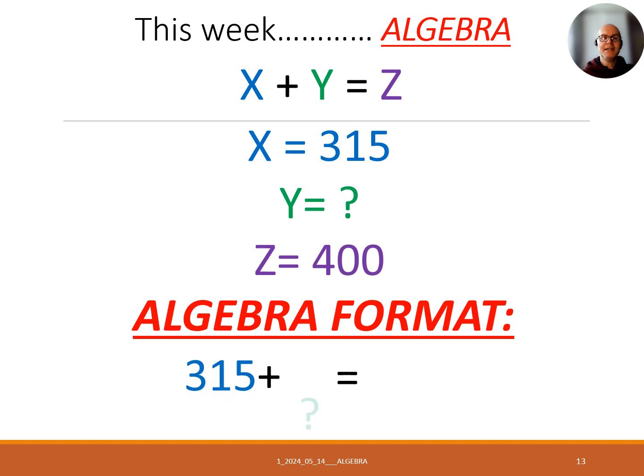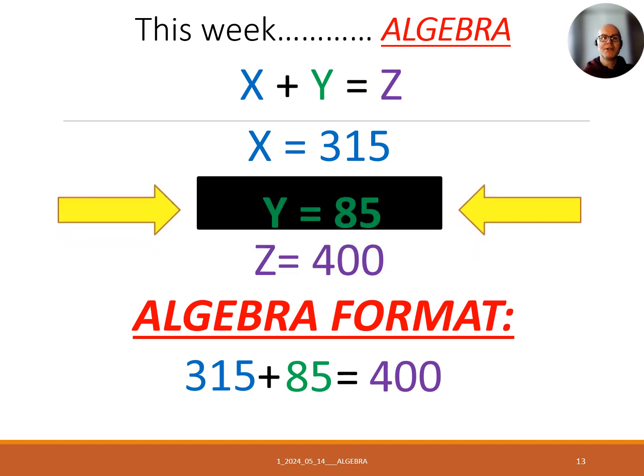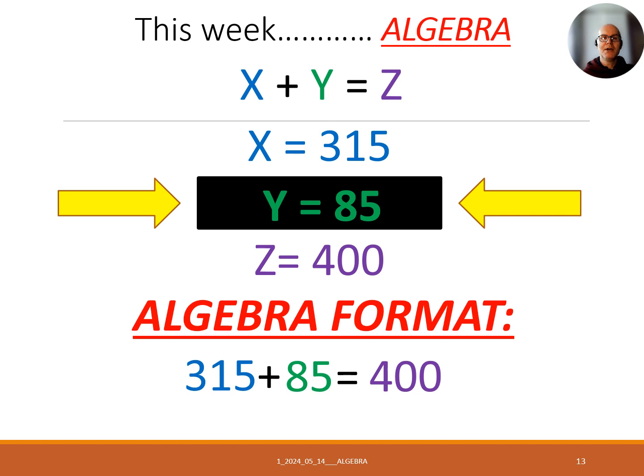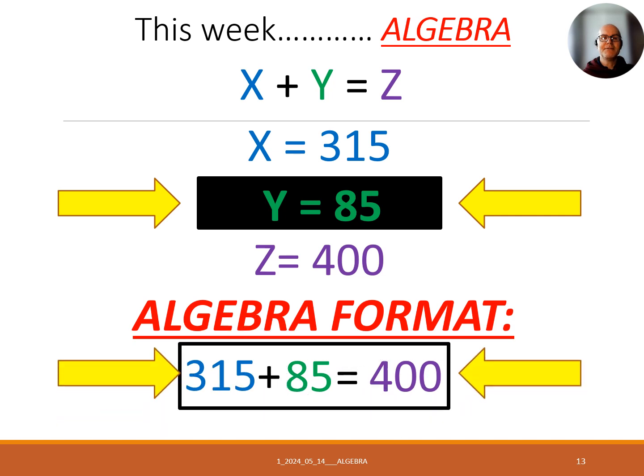We've got 315 plus the number we're trying to work out equals 400. So what does y equal? What's the missing number? So the missing number is 85. 315 plus 85 equals 400. So in this example, y equals 85.